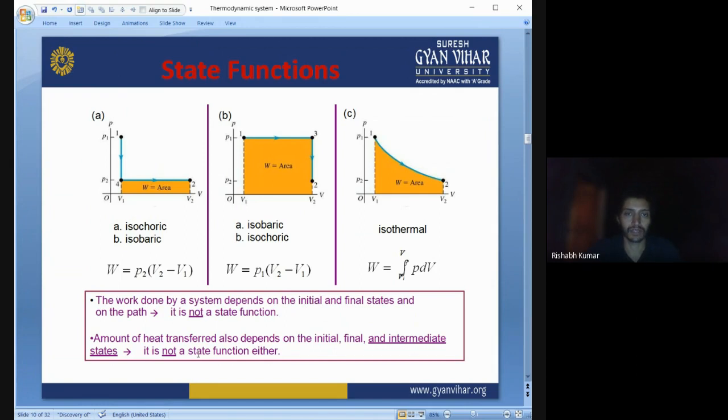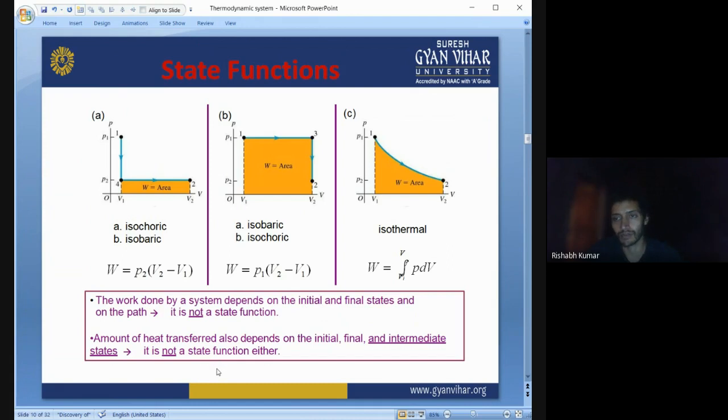We have also done how to find the work, and what the formula for work is for different processes: isochoric, isobaric, and isothermal. For isochoric, what is isochoric? Isochoric means where the volume is constant, right?